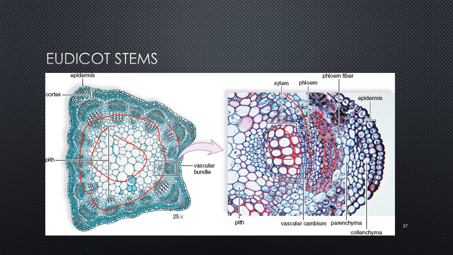So if we think about our monocots, those are mostly grasses, and you know that grasses aren't woody. Remember, secondary xylem is actually what we call wood. So it's real stiff, and you don't see that in grasses. So a vascular cambium is only present in eudicots, not monocots.